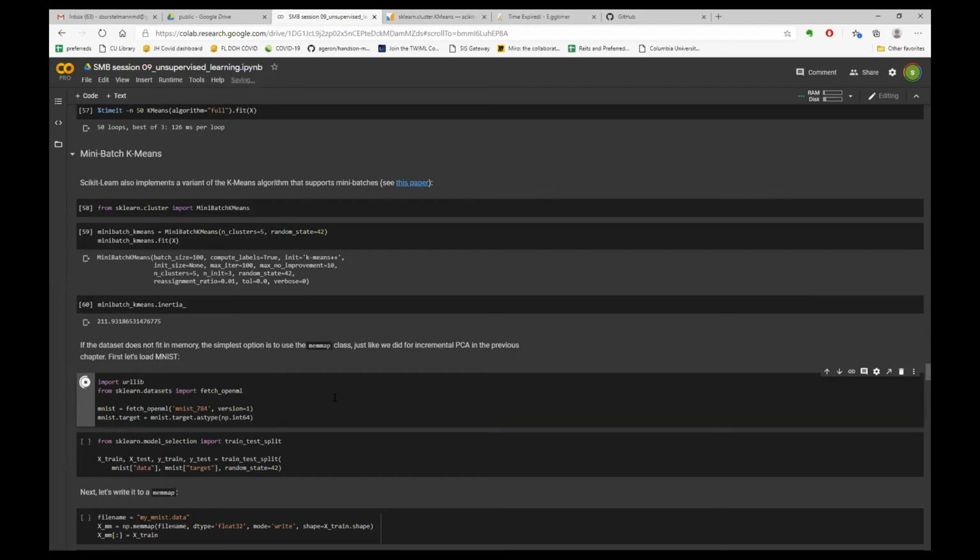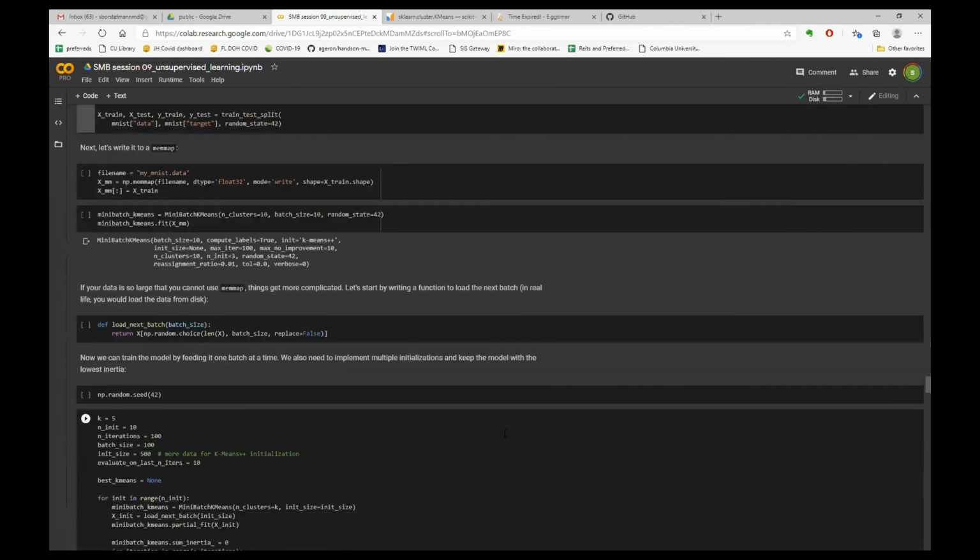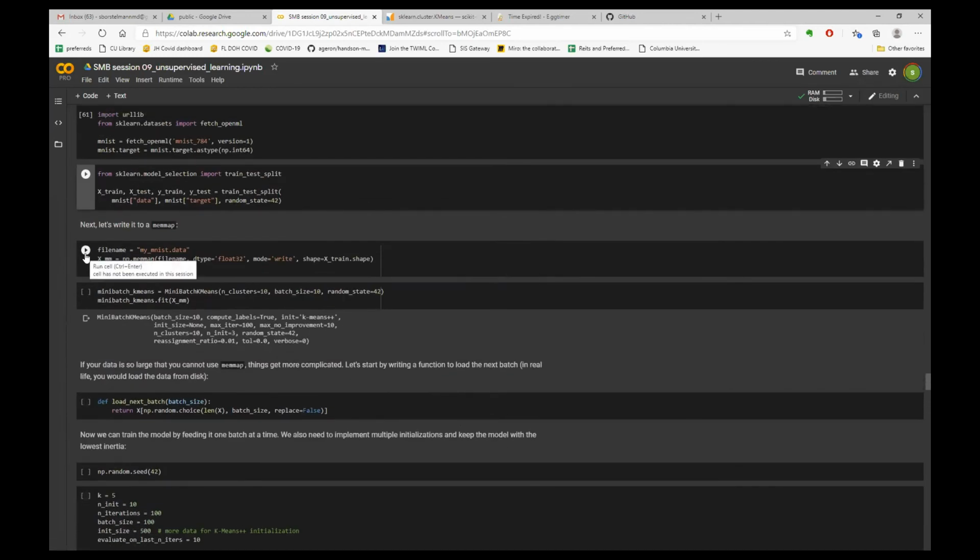This is going to take a second. And you do your train test split, and you write it to a memmap.